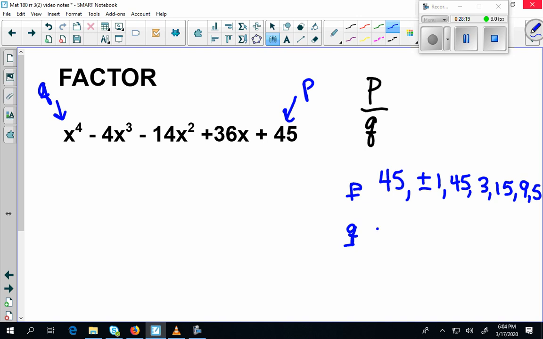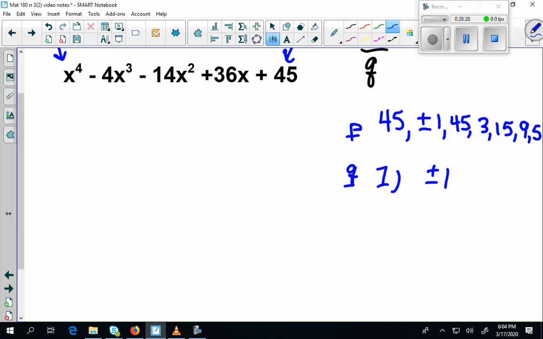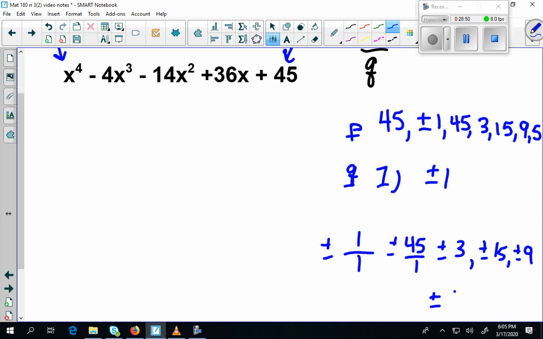All right, 1. So my factors of 1 are positive and -1. So possible zeros then are positive, -1, positive, -45, 45 over 1, positive, -3, positive, -15, positive, -9, and positive, -5.